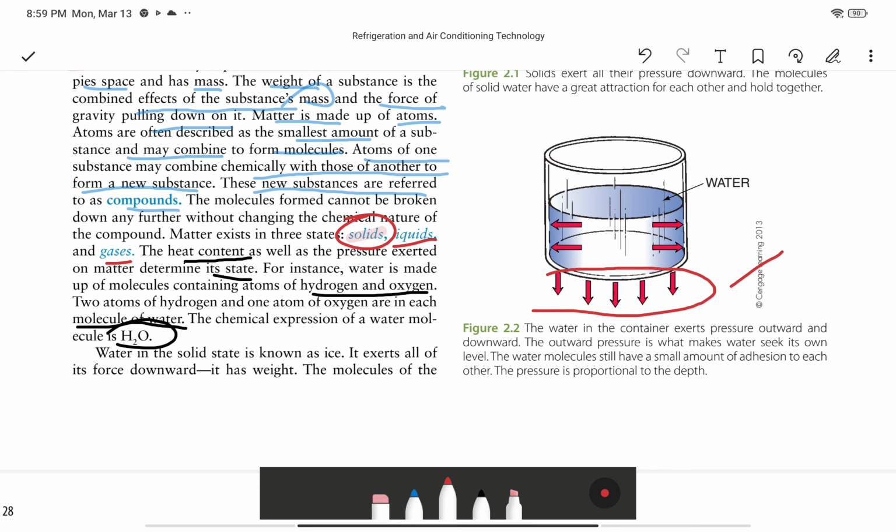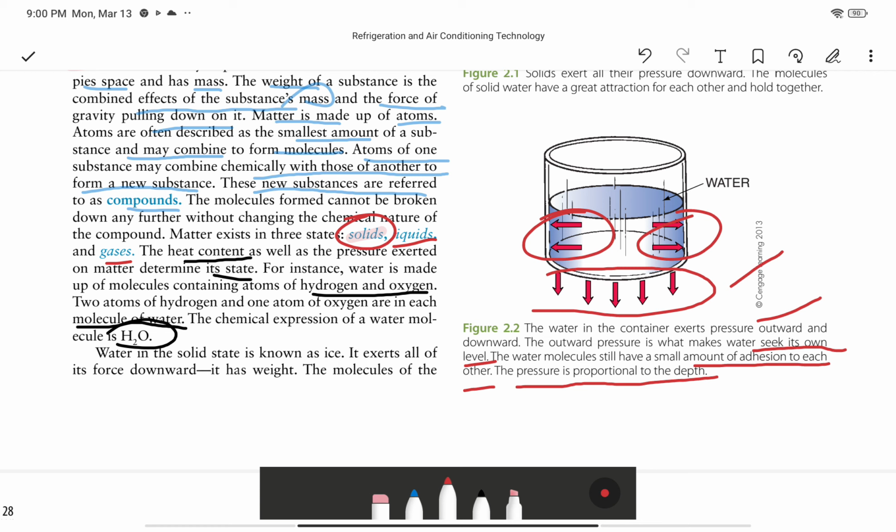The container exerts pressure downwards and outwards to the wall of the container. The downward is the bottom wall of the container. Okay, the outward pressure is what makes water seek its own level. The water molecules still have a small amount of adhesion to each other. The pressure is proportional to the depth.